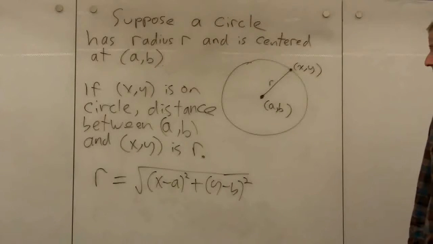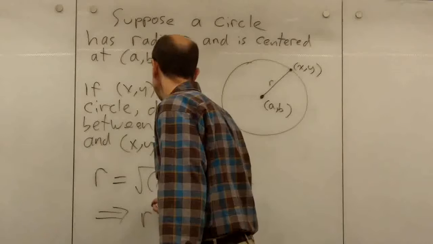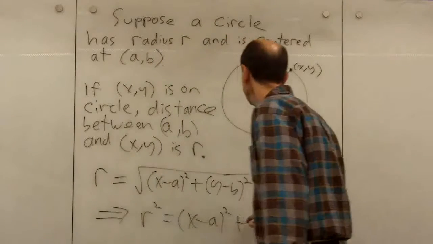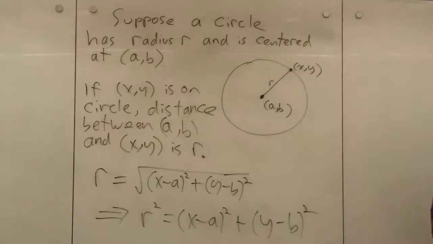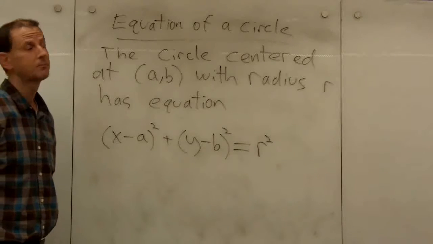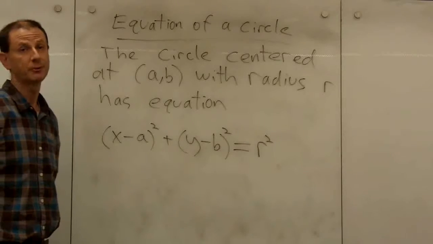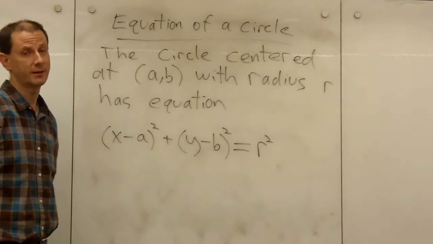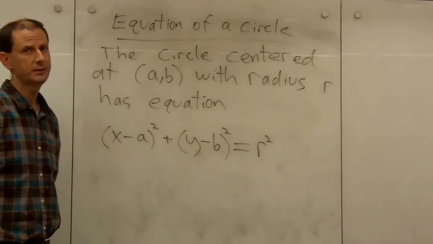If we go ahead and square both sides, this implies that r squared is equal to (x minus a) squared plus (y minus b) squared. In summary, if you have a circle centered at the point (a, b) with radius r, then its equation is given by the quantity (x minus a) squared plus the quantity (y minus b) squared equals r squared.